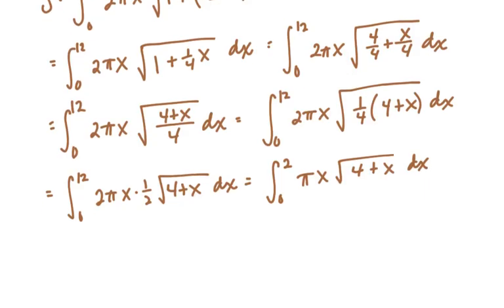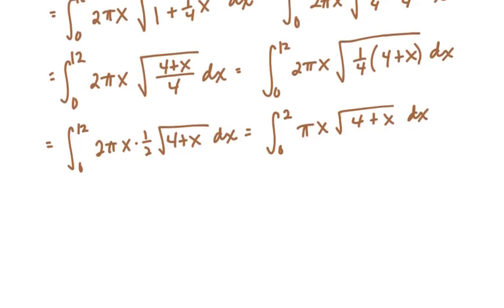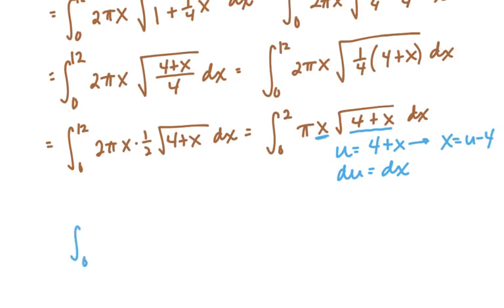So our next step is to try u-substitution, because remember that's our first technique of integration. Let's let u equal 4 plus x and du equals dx. Now that takes care of this part, but that doesn't handle the x out here. So we're going to have to say x equals u minus 4. So we say the integral from 0 to 12.